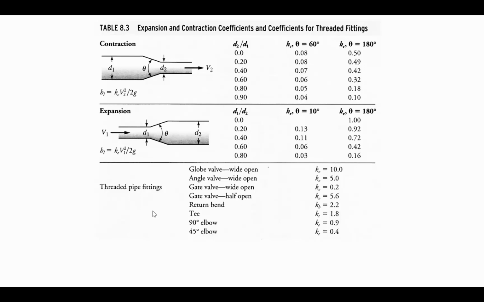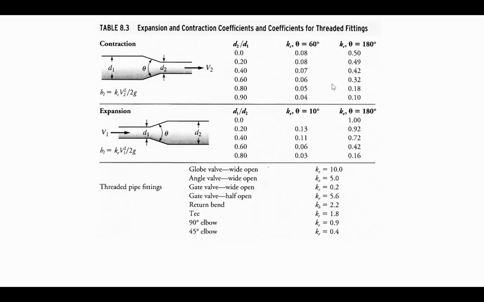Here is a table that's provided in our textbook, and you can see that for the contraction, both the angle and the tapering of this transition plays a role. So a 180-degree angle would be a very abrupt transition, where essentially you have one diameter connected to another diameter pipe with no intermediate stage where the diameter is gradually adjusting.